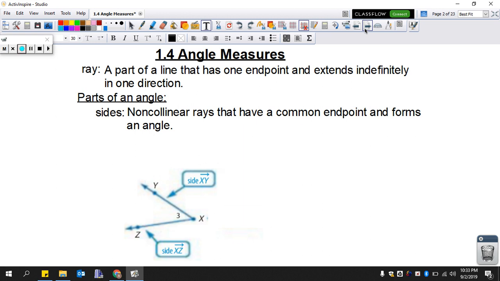So a ray is used to make up an angle by forming the sides. The sides are two non-collinear rays, which means that they're not in a straight line, that have a common endpoint and form an angle.